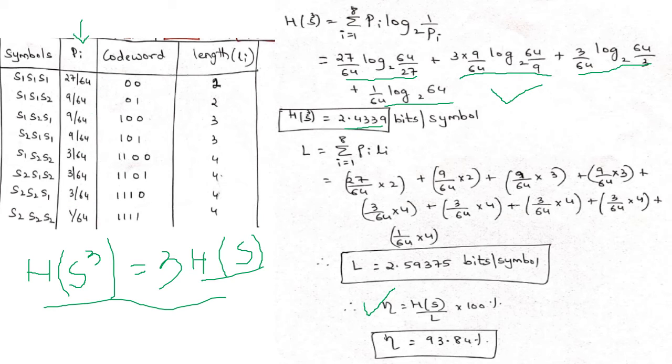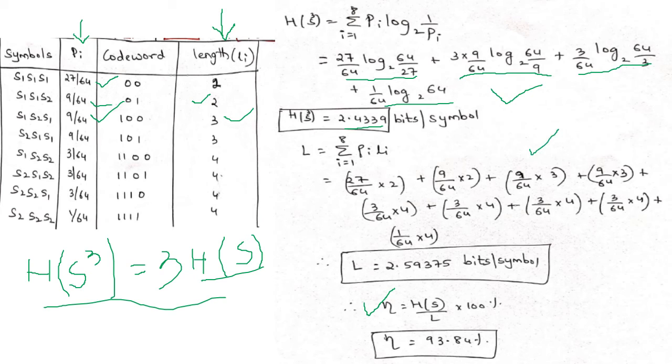So we need to compute average code word length. We have 8 symbols in third order extension, so summation limits are 1 to 8 pi into li. So multiply probability value and its corresponding length. So first one 27 by 64 into 2. Similarly 9 by 64 into 2. 9 by 64 into 3.